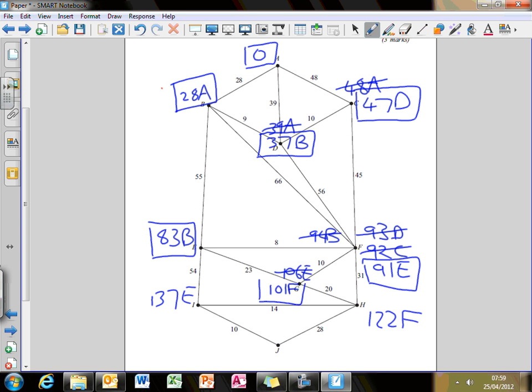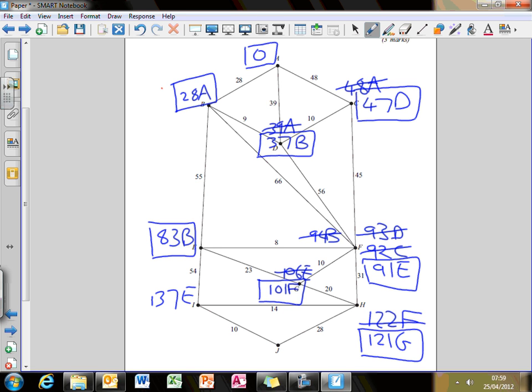So I'll box that number there. Now 101 plus 20 is 121, so I cross that out and put 121, and I've travelled from G. And that's all I can do from G. So now I box the smallest number that hasn't been boxed so far, which is 121.